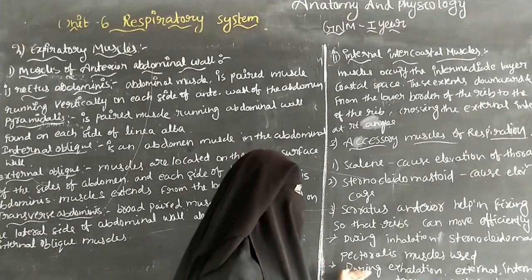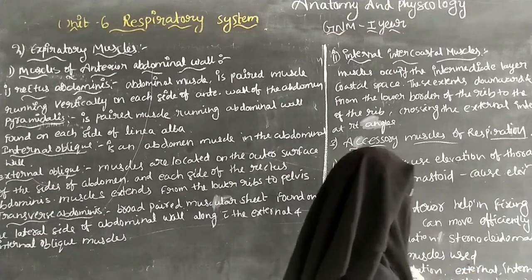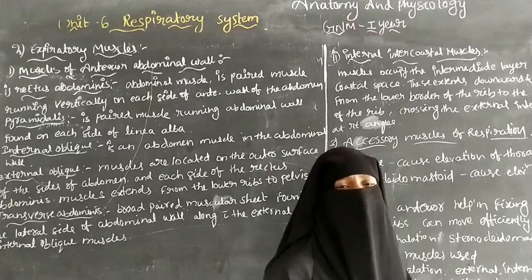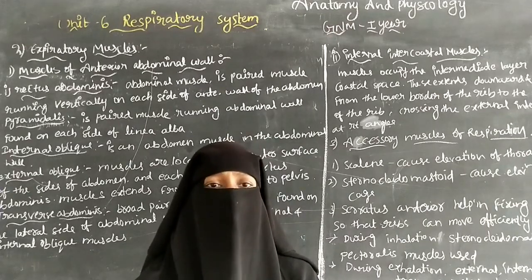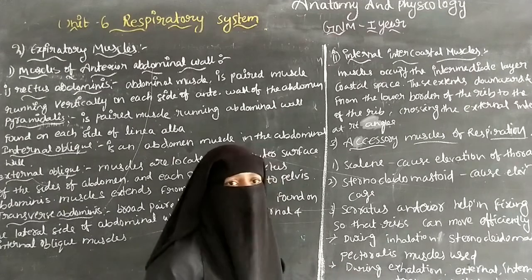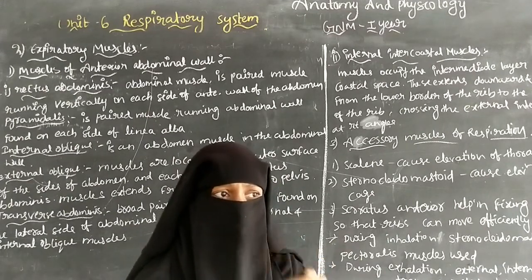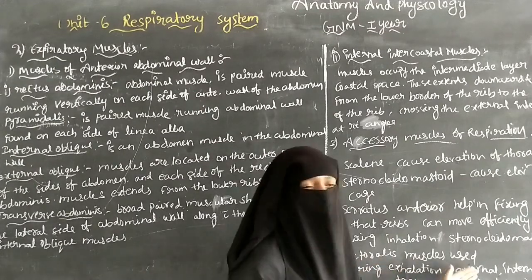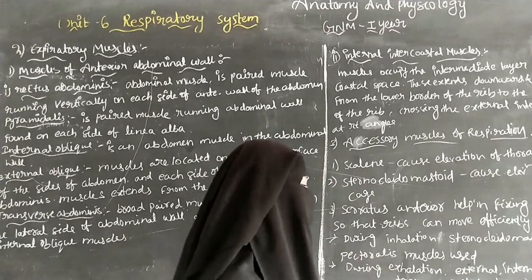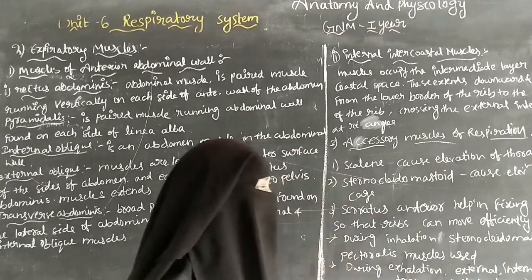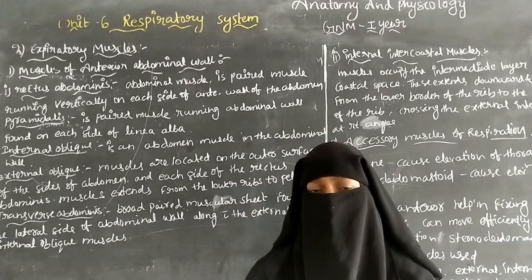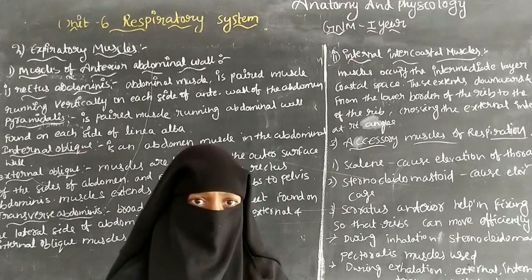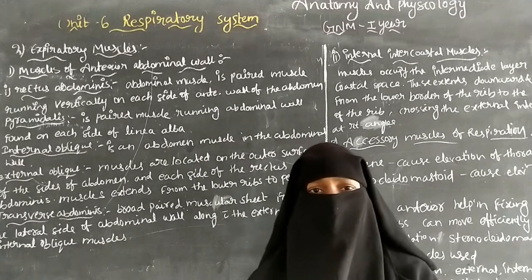And during exhalation, the external and internal oblique muscles, the transverse muscle, the rectus abdominis and the internal intercostal muscles help to expel the air from the body.